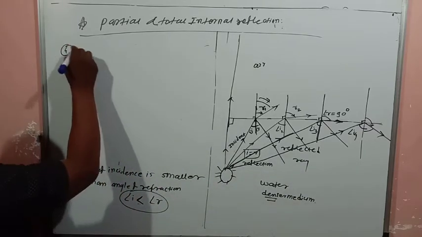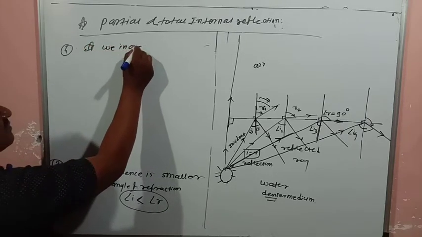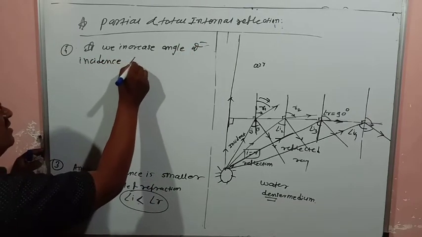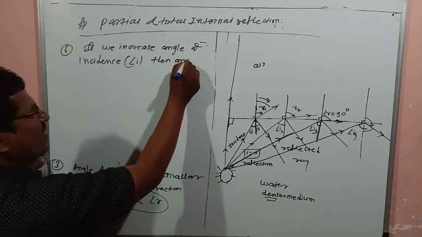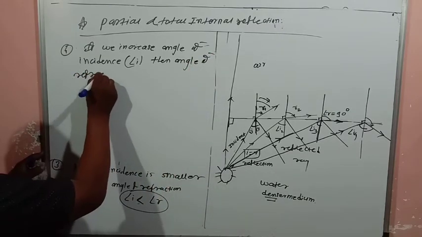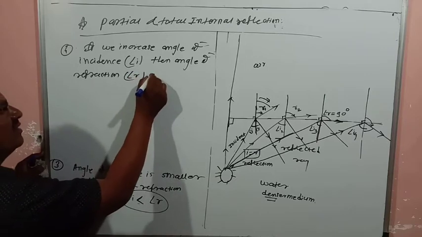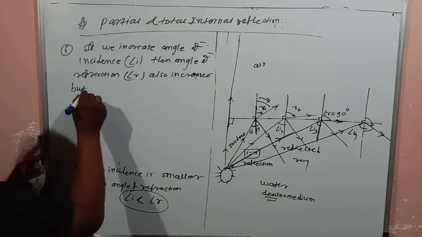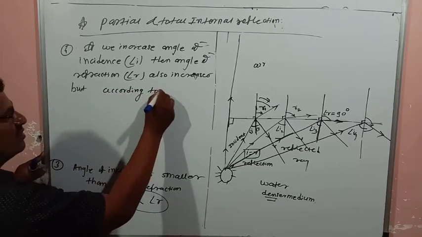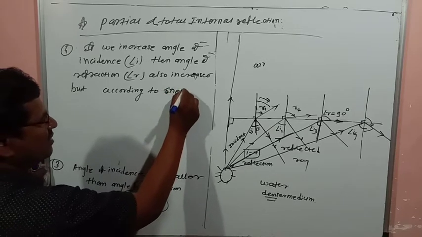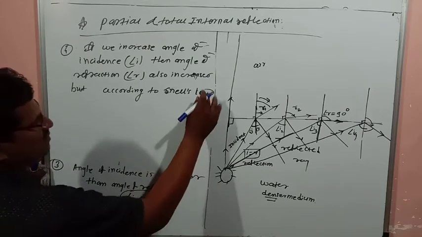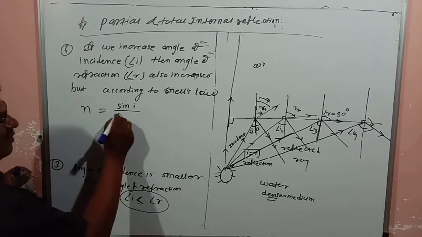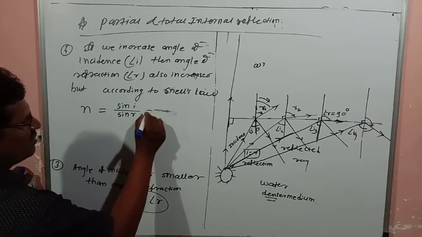So if we increase angle of incidence, that is angle I is increased, then angle of refraction, angle R, also increases, but according to Snell's law, refractive index n is equal to sin I upon sin R is equal to constant.